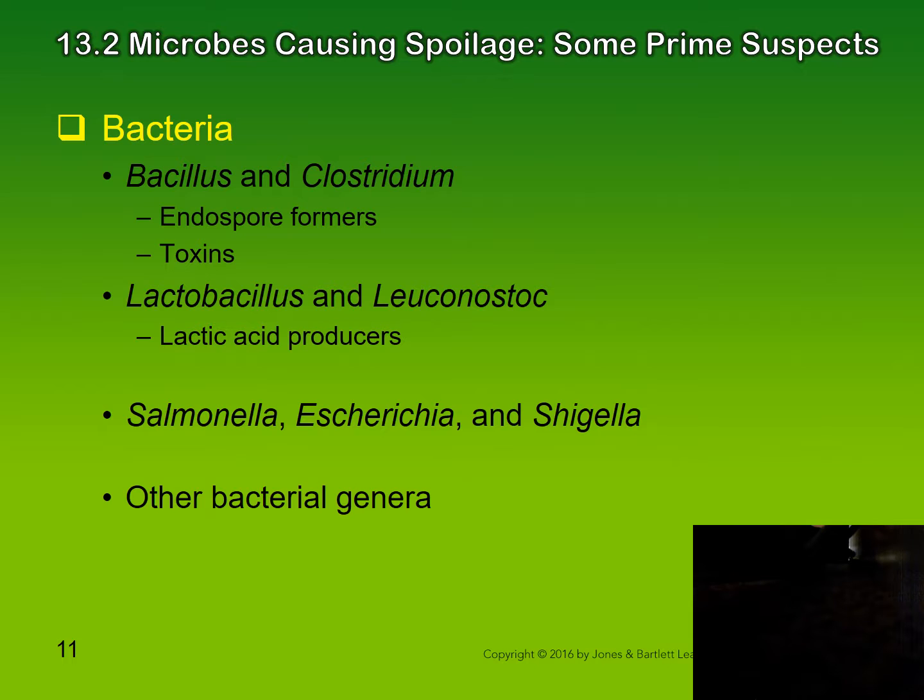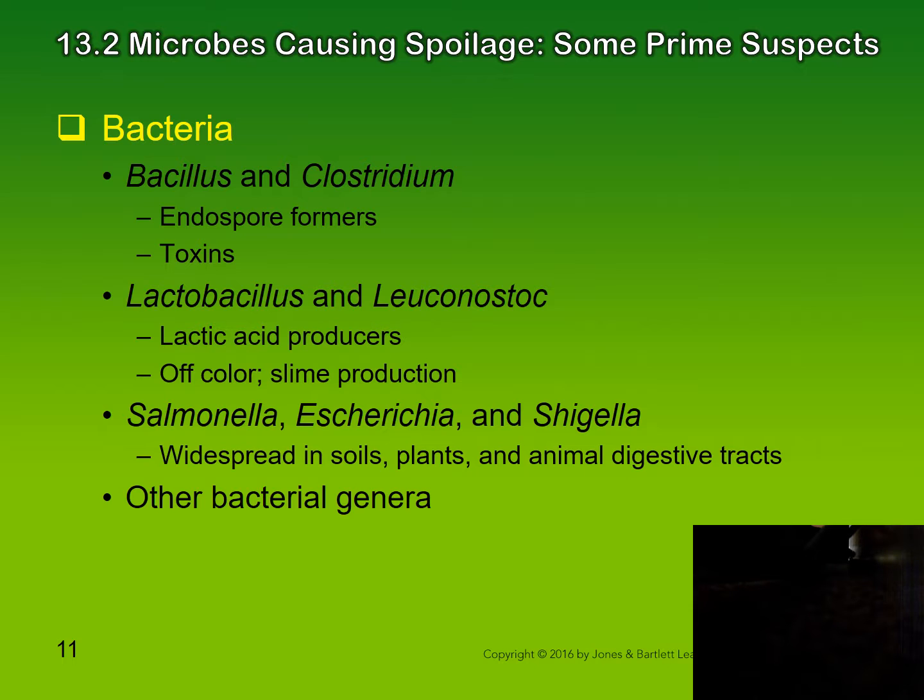Lactobacillus and Leuconostoc are lactic acid producers, which we know from the previous chapter are very important in the production of food, but they can also spoil some foods. That lactic acid can produce off colors or slime.